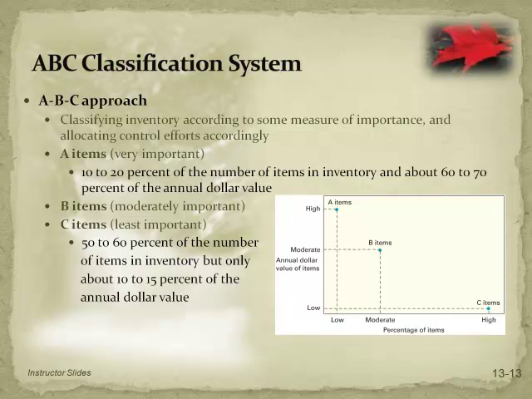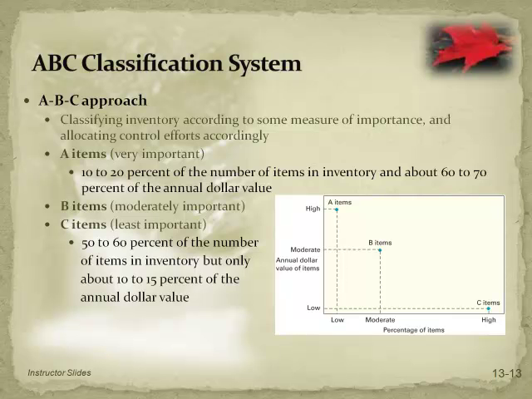One of the elements of an effective inventory control system is a classification system. In classifying our inventories, the standard technique for doing that is referred to as an ABC classification system. The ABC classification system is a practical application of what we have studied earlier in this semester as the Pareto principle.